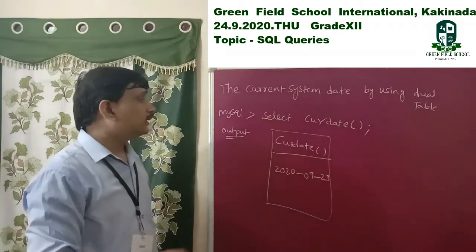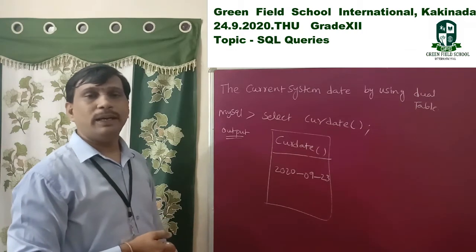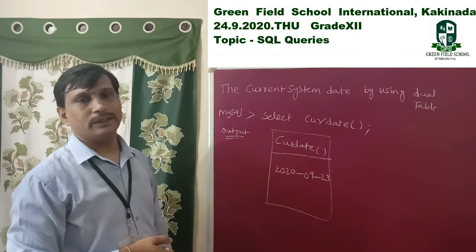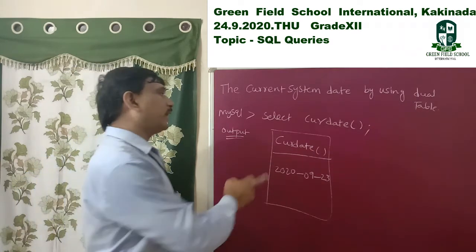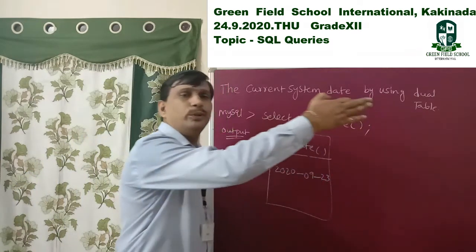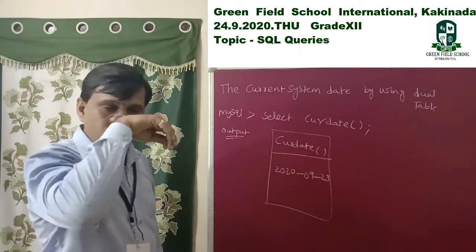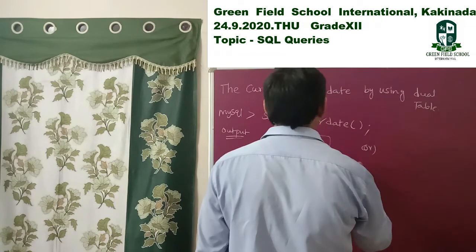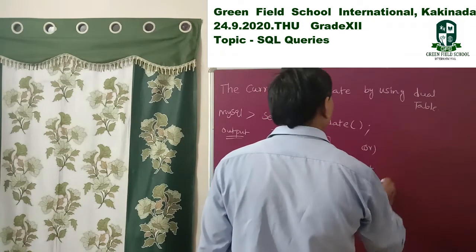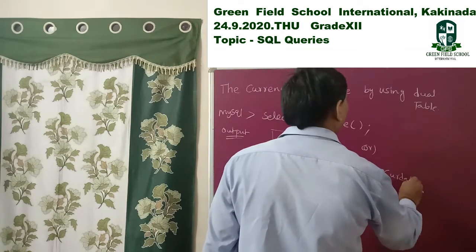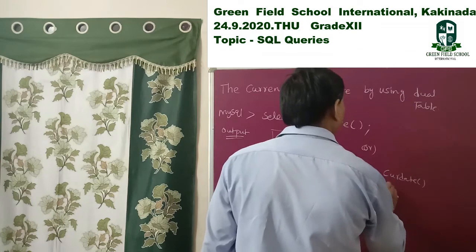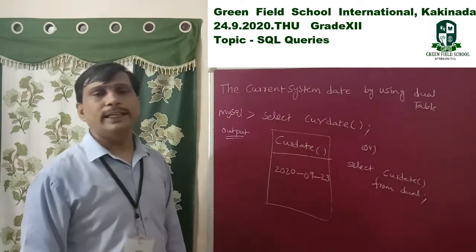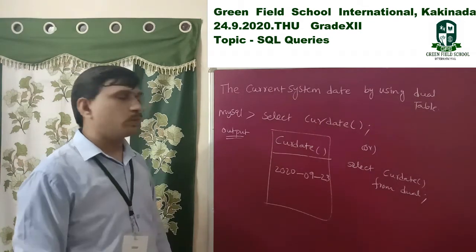By using this SELECT command we specify the current system date. Otherwise we write SELECT CURDATE FROM DUAL also. FROM DUAL is also the same thing. Or otherwise you write SELECT CURDATE FROM DUAL; this one is also valid. Both are the same and display the same output.